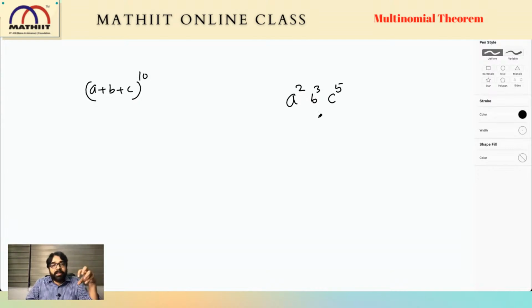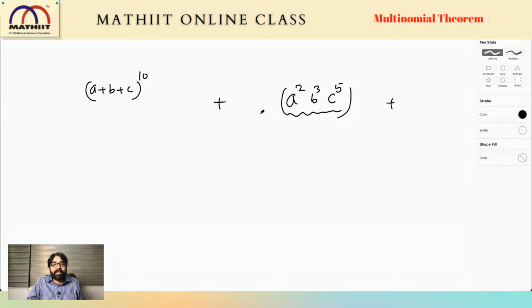All of you agree with me? 100% there will be a term. I'm not saying this is the only term, because there are total 66 terms. Out of those 66 terms, surely there will be one term like this. It will have some coefficient around this.